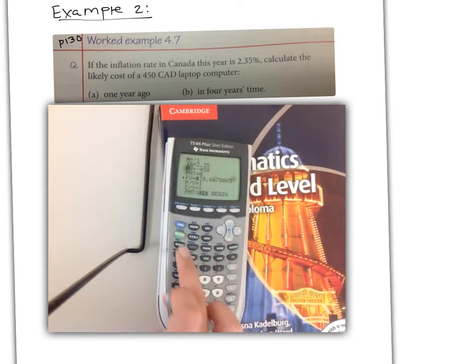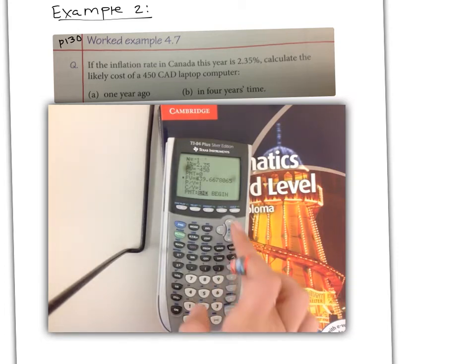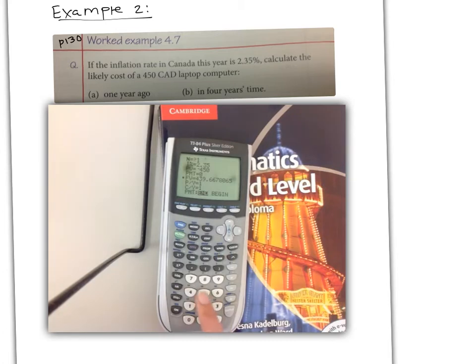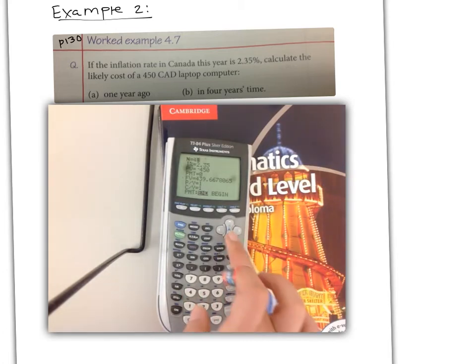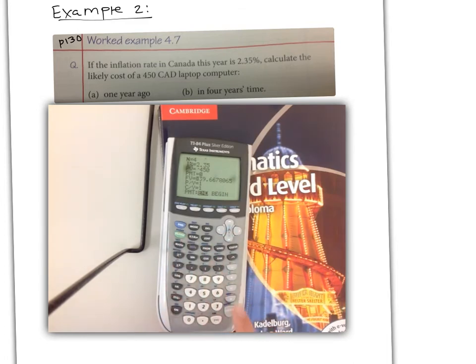I go to my future value, I hit alpha solve, and it tells me it'd be $439.67. Now, what about the price in 4 years' time? My present value is still 450, but now I want to know 4 years after the present day. So I put in a 4, I go back to my future value, I press alpha solve, and it tells me 493 Canadian dollars and 81 cents.